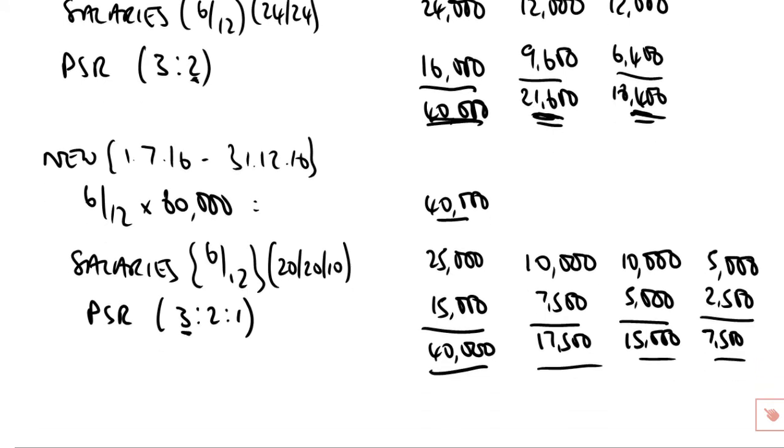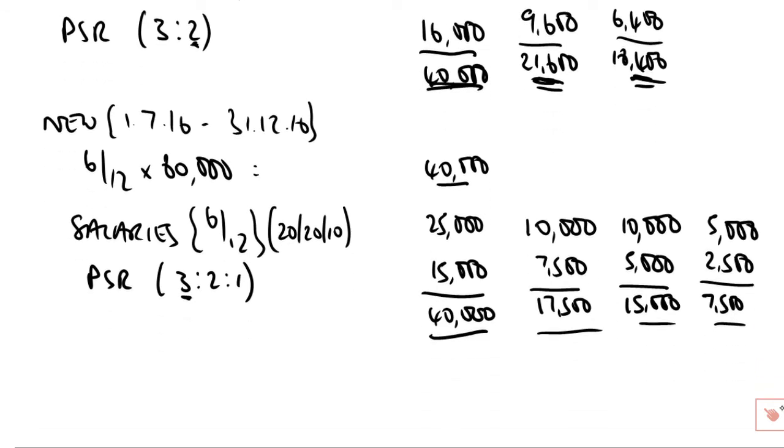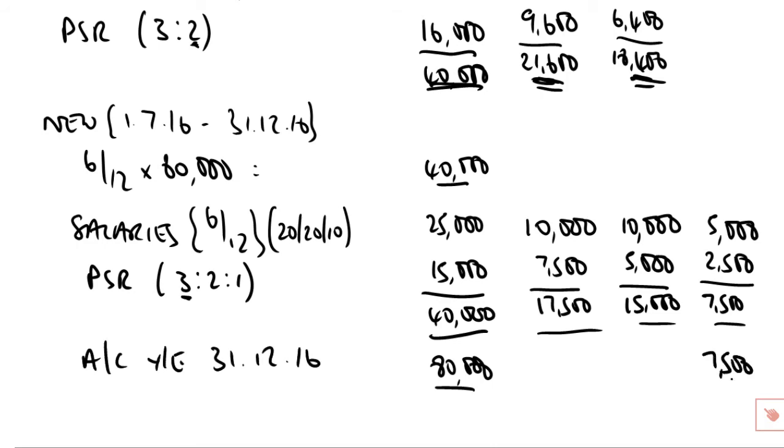What does that therefore give us for the accounting period as a whole, in which 80,000 was made for the accounting year ended December 16? We'll deal with the easy one first. Partner FC, who's just recently joined the partnership, has got 7,500.